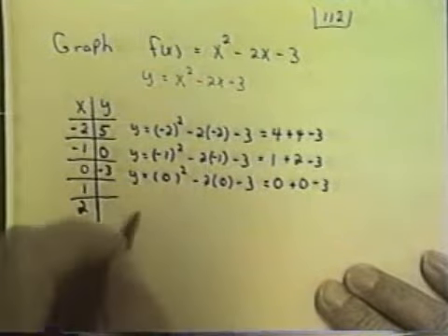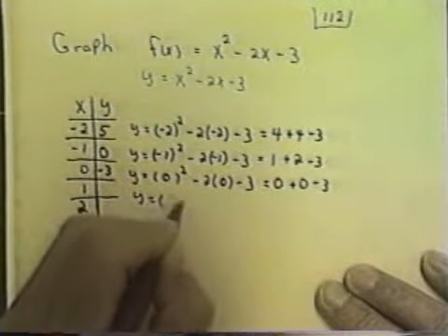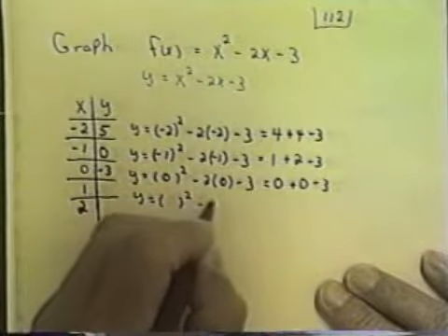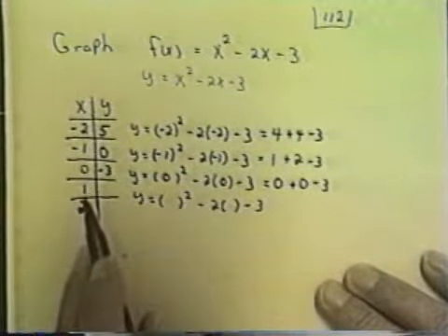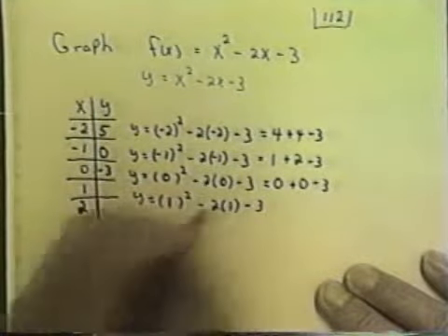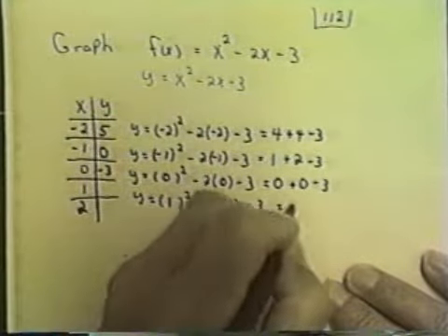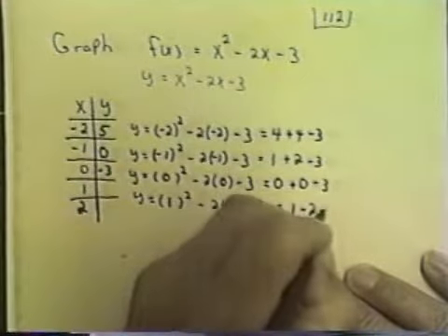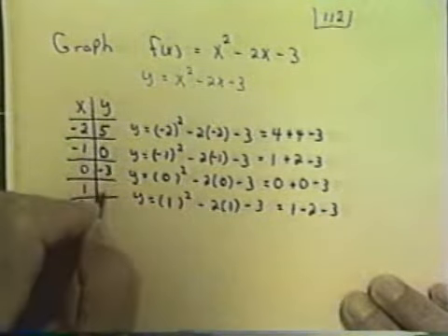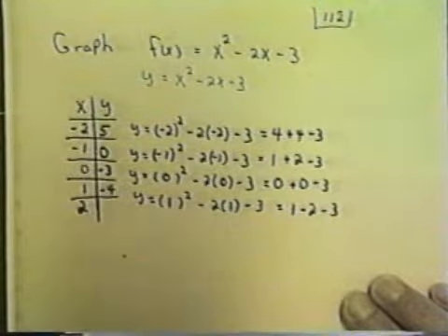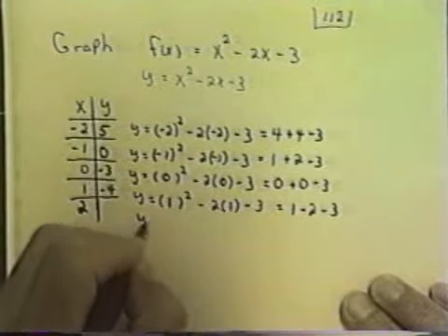Now I'm going to do 1. So I have y is equal to something squared minus 2 times something minus 3. And that something is 1. 1 squared is 1 minus 2 minus 3. 1 minus 2 is -1, minus 3 is -4. Finally, we're going to do 2.